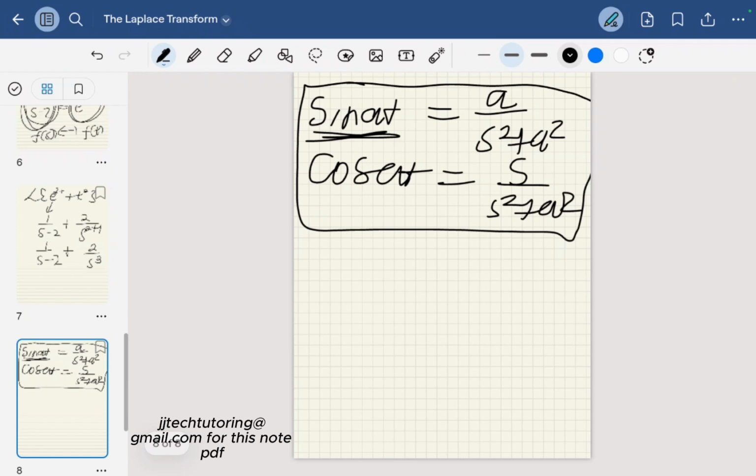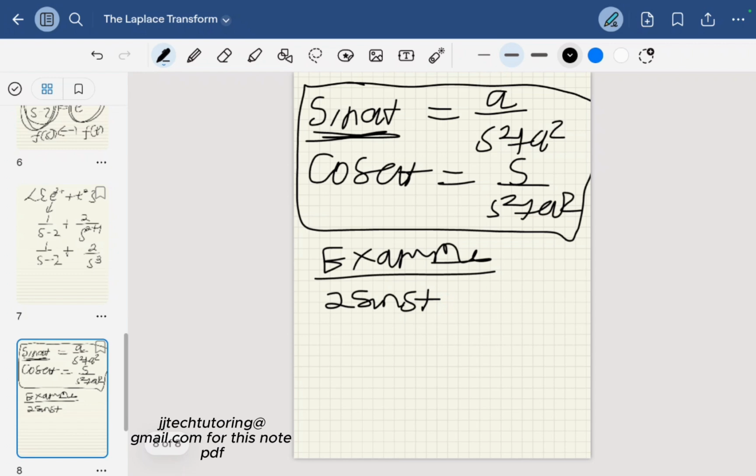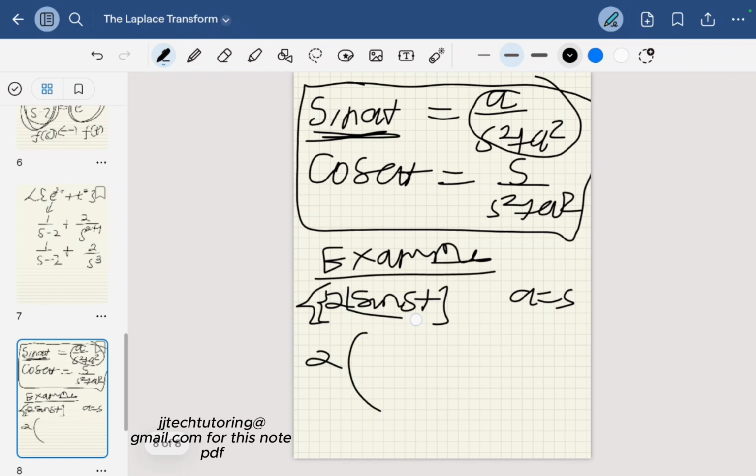Now we can do just one question example, right? 2 sine 5t, right? Find the Laplace of 2 sine 5t, right? Then this is it. So that means our a is 5. A is 5, right? So the numerator is 5. So we can take the 2 outside and solve this, right?